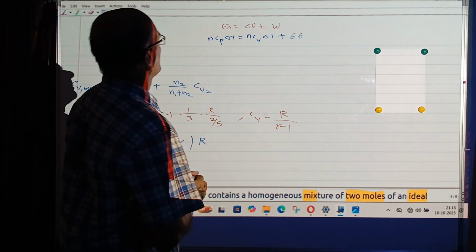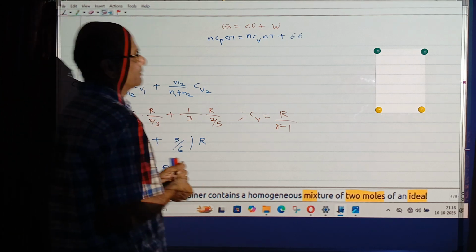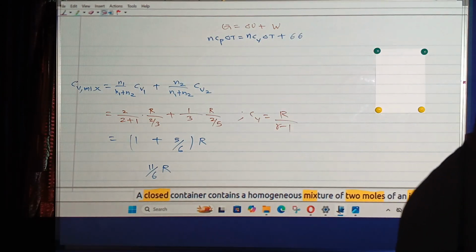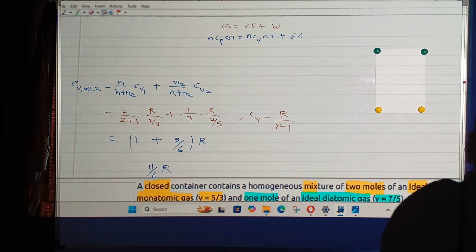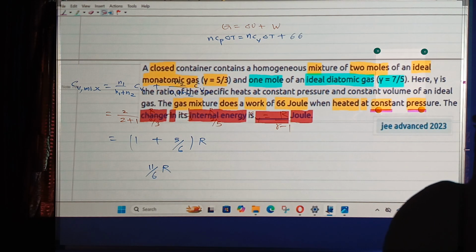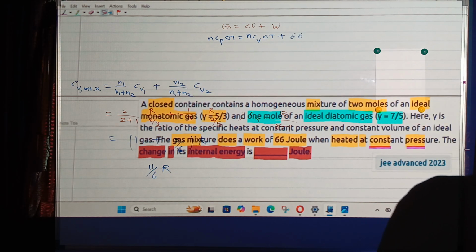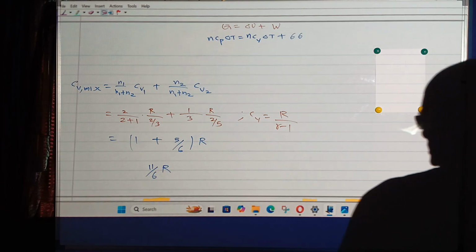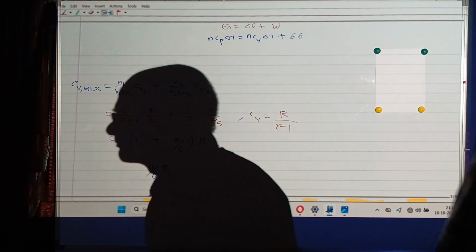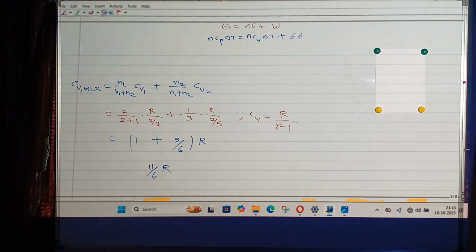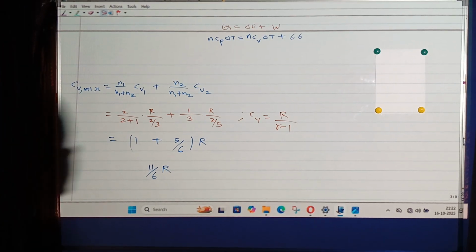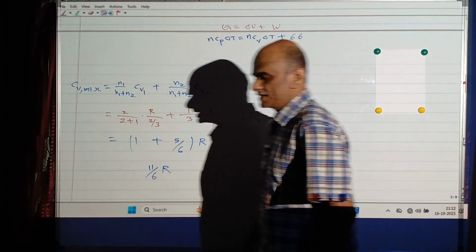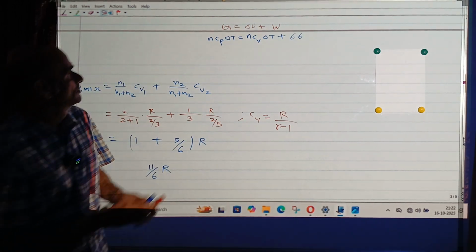Okay, so what you have to find out is the change in internal energy. So I'll get N delta T from this.